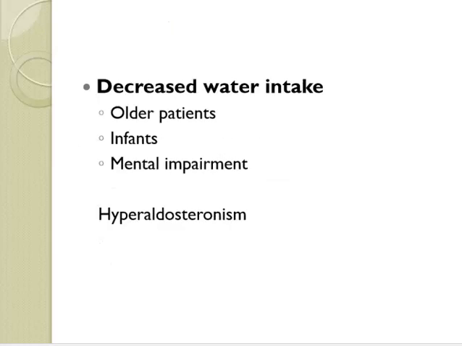Hypernatremia could also be caused by a decreased water intake, and this sometimes happens in our older patients, infants, and our mentally impaired populations. It could also be a result of hyperaldosteronism, which is an increased secretion of aldosterone, and aldosterone is a hormone that helps with salt and water balance.